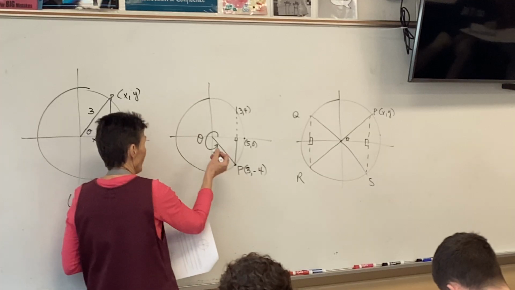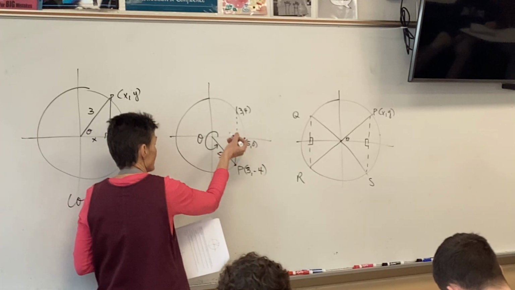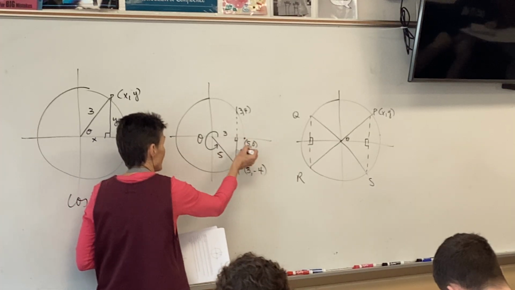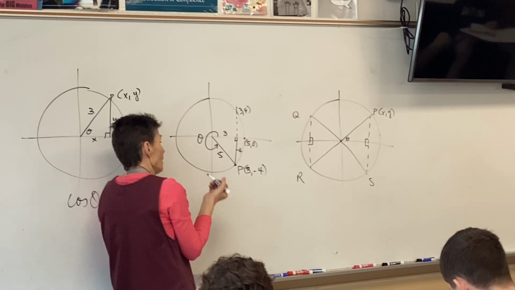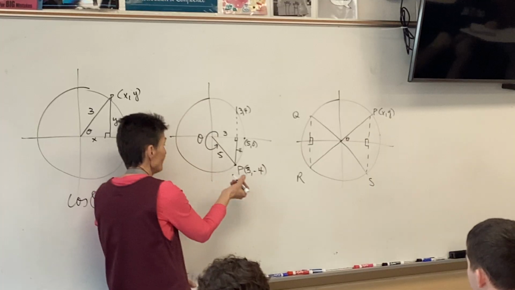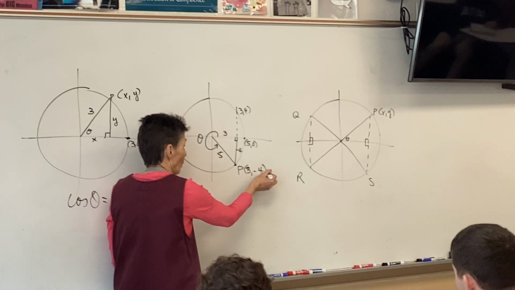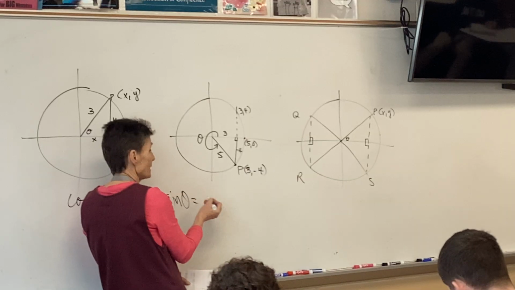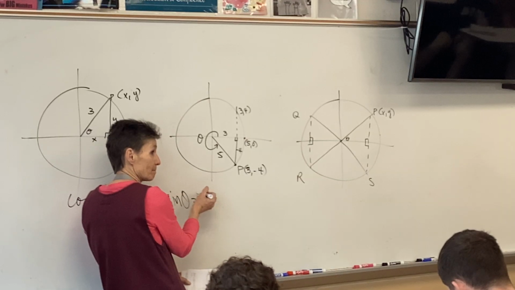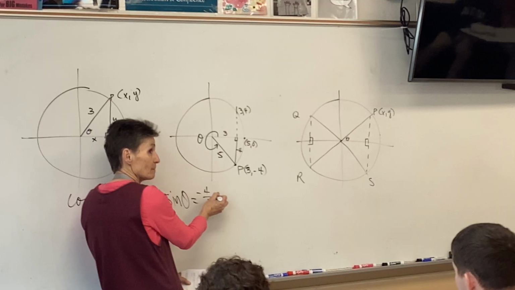Find all of them. Now, if you want to go ahead and label the sides of your triangle, you can, if you are more comfortable with SOHCAHTOA, or you can just use your straight definitions. x is 3, y is negative 4, r is 5. So the sine of theta is negative 4/5.